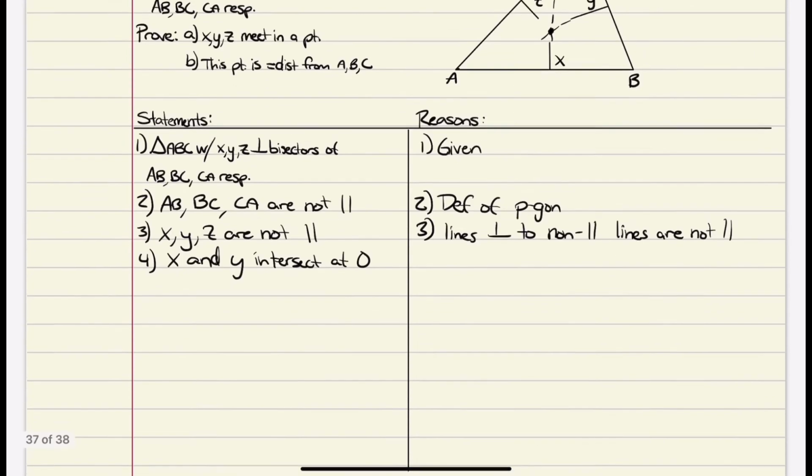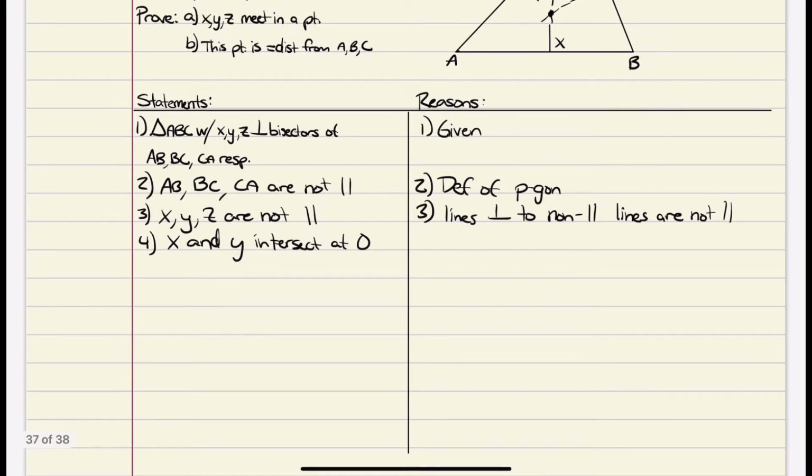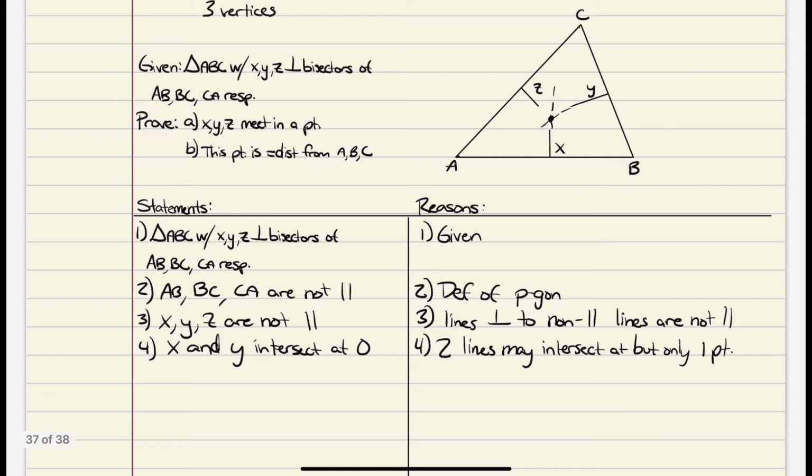And we can say that because two lines may intersect at but only one point. There's only one point that two lines can intersect at. And so we know X and Y have to intersect somewhere there.